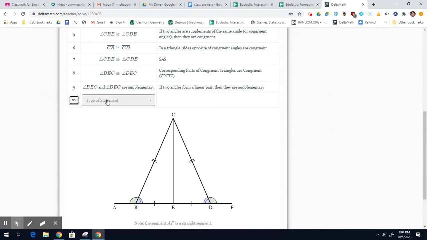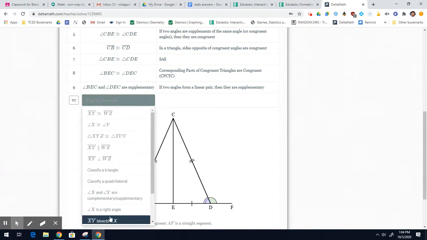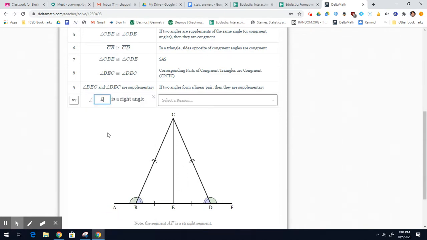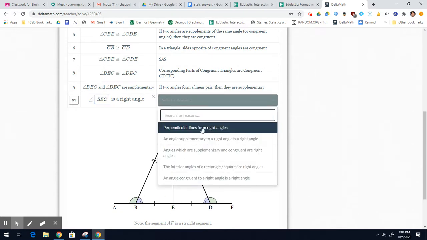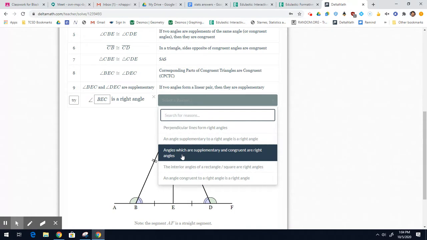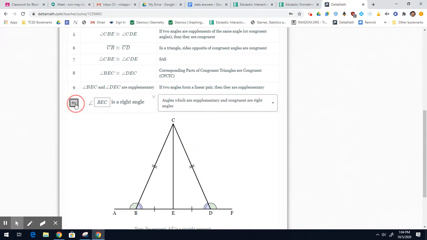So let's focus on BEC. We're going to say angle BEC is a right angle. And let's see what the reasons are. Angles which are supplementary and congruent are right angles. That's it, right? They're supplementary and congruent, so they're right angles.